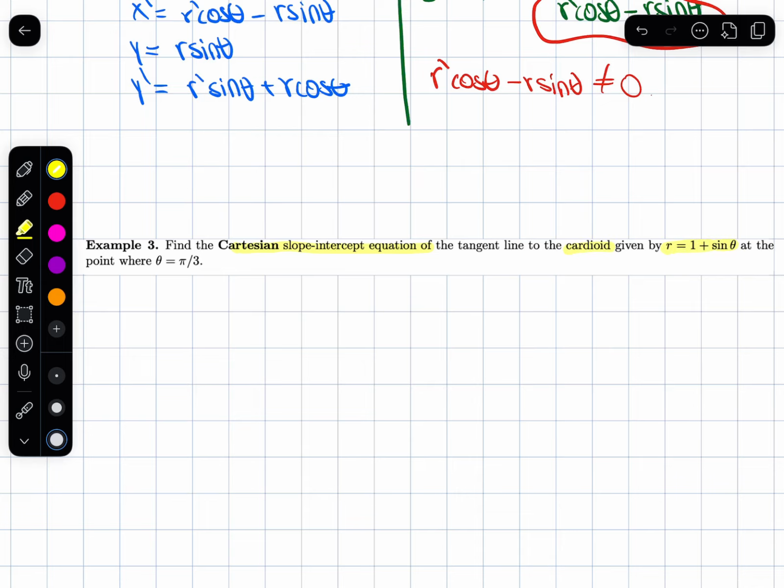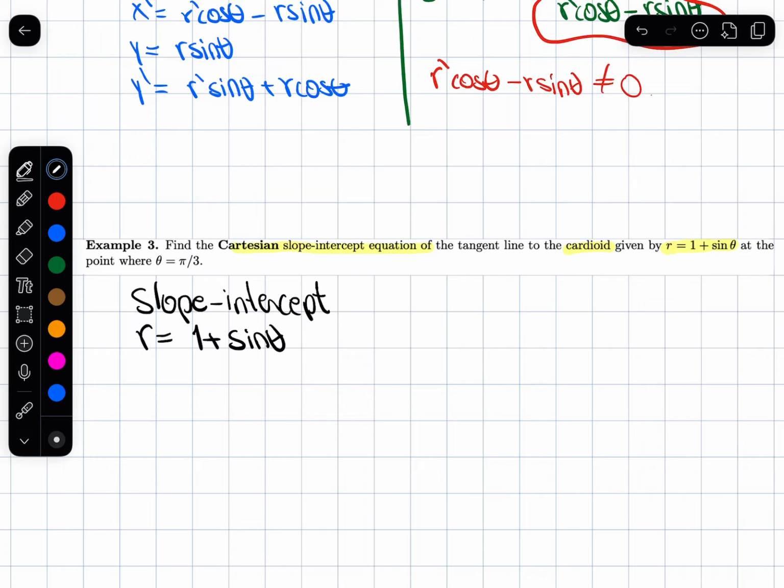So this is the line that you have, the equation of the cardioid. So I'm going to write it here just so you can see. The cardioid is this. And we're at the point where theta is pi over 3.